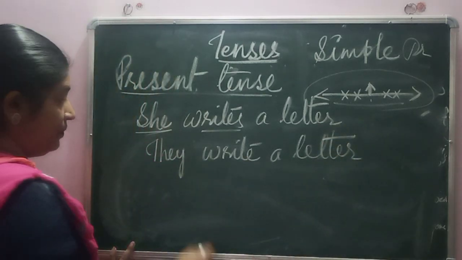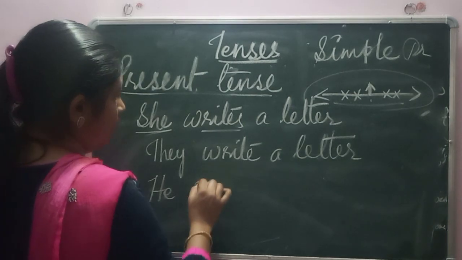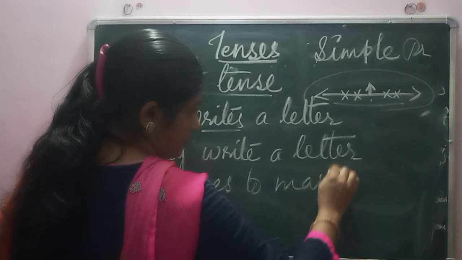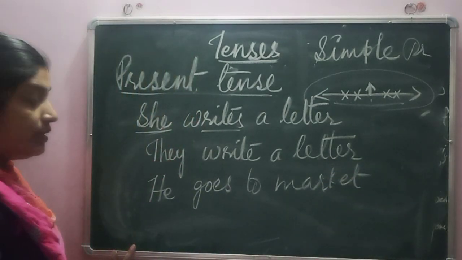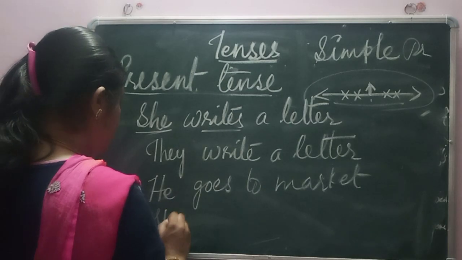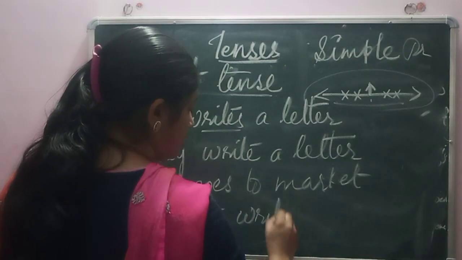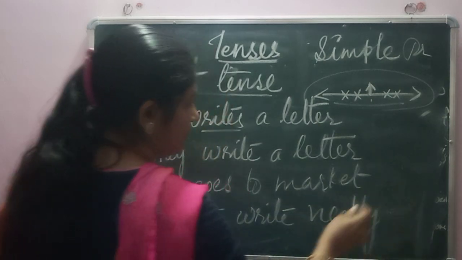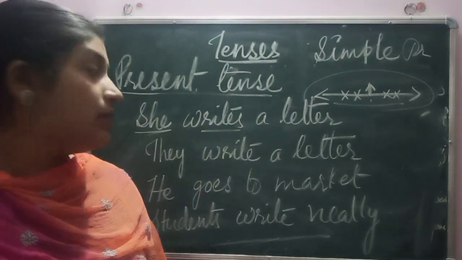Clear? He goes to market. Another example, students write neatly. Clear? So these are the simple present tense exercises.